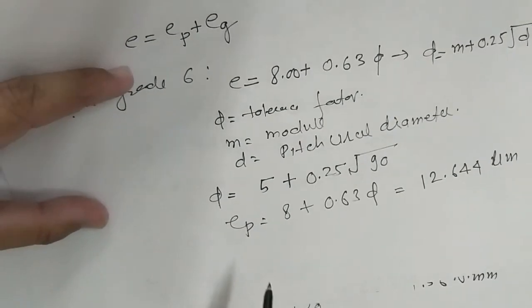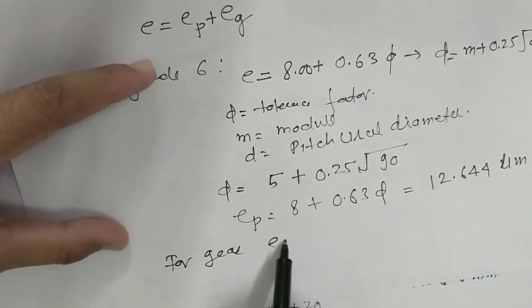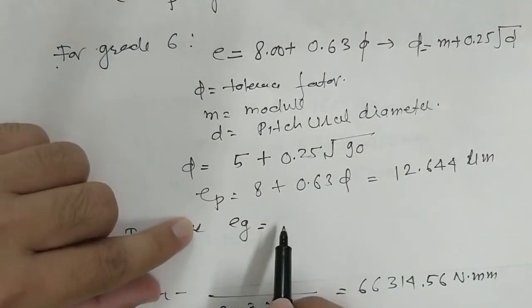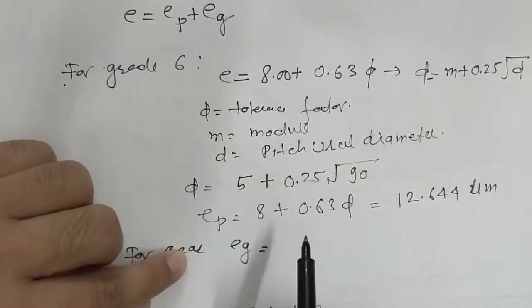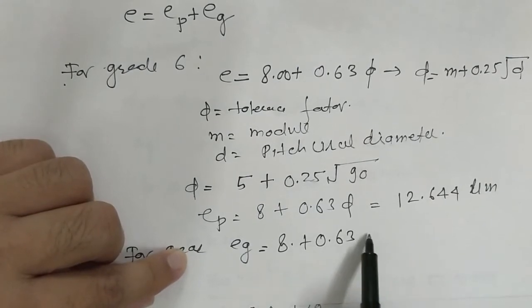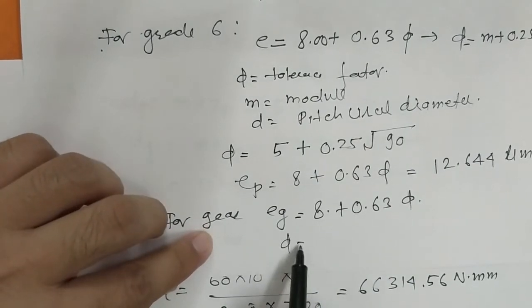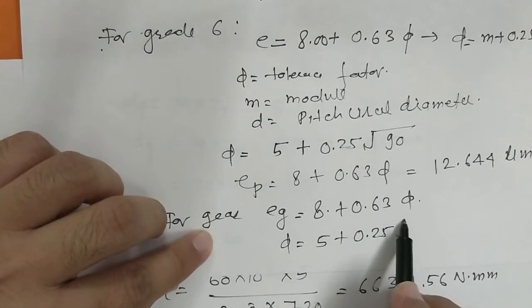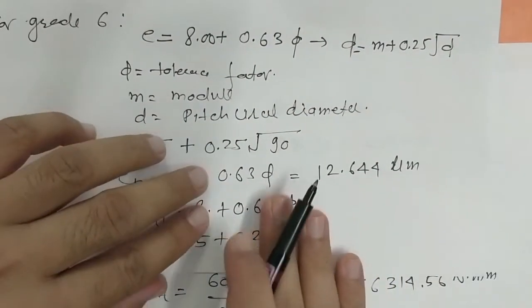micrometer. And now for gear, Eg is again 8 plus 0.635 phi, and phi for gear is 5 plus 0.25 under root dg, pitch circle diameter of gear.